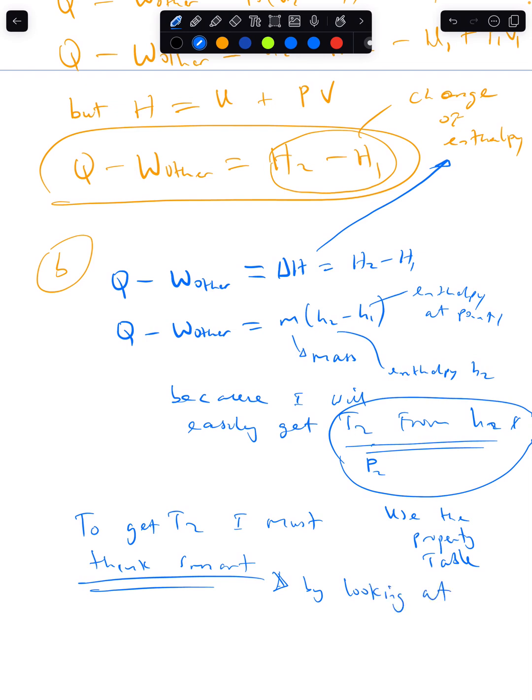By looking at the process or technique that can give me T2. So basically that is what we do in thermodynamics. We try to use the formula which can give us the variable that we are trying to calculate. And because you do that, you're going to get the answer quickly.